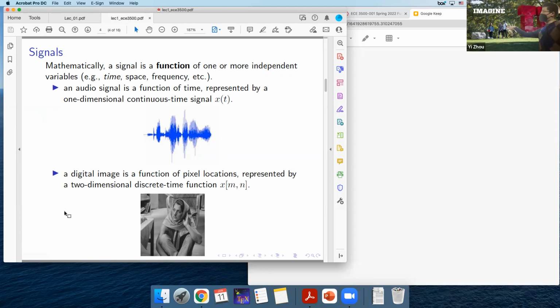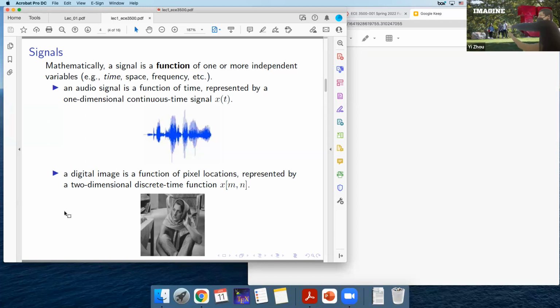And in the bottom part, we have another example that shows a digital image. The image can also be described as a function. But here we don't have any time index anymore, because we're looking at a static image. The way we describe images is by pixels. We just need to specify the value or the color of every pixel.